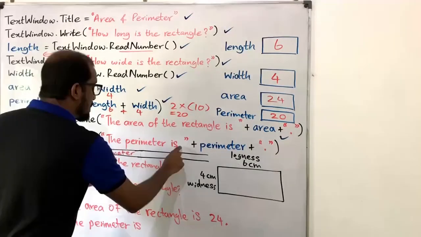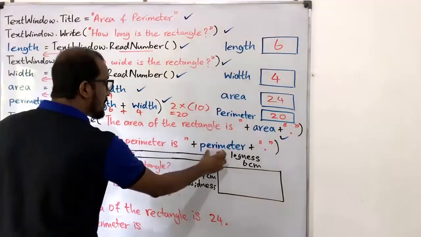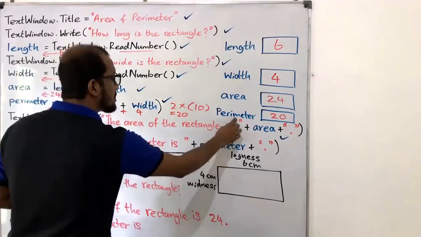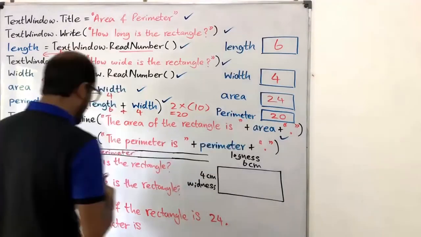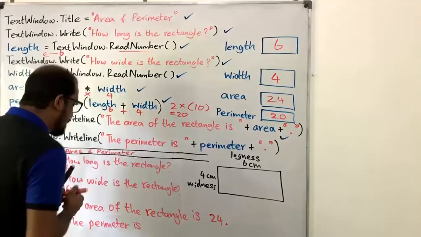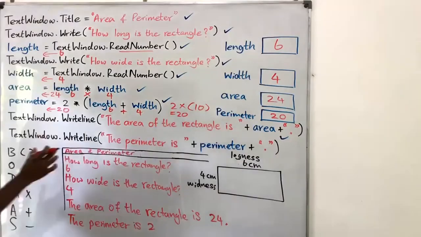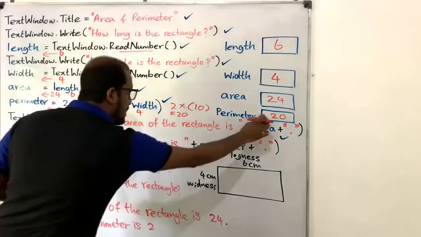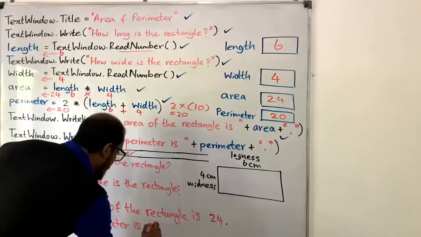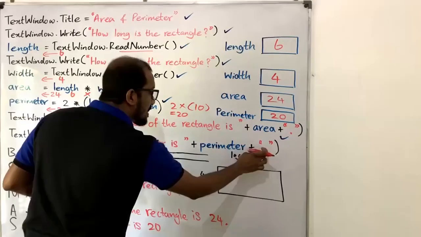After the space, the value of the variable perimeter, this one, 20, should be joined to the end of this expression. It means after putting a space, the text window should display the value of the perimeter, 20. At the end of the 20, it should join a full stop.